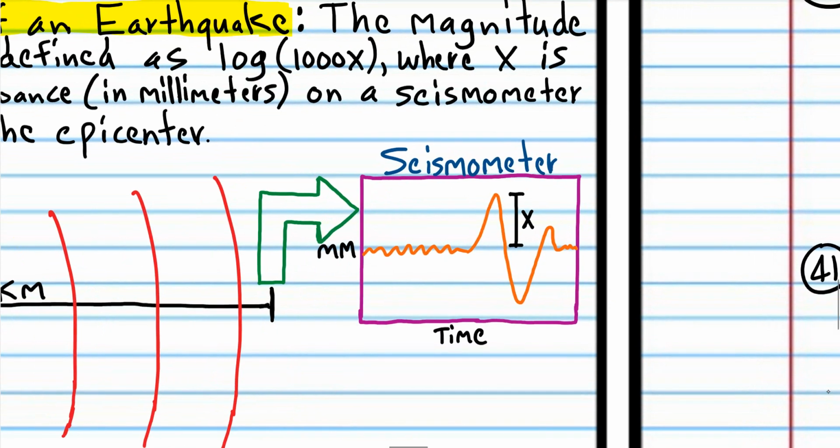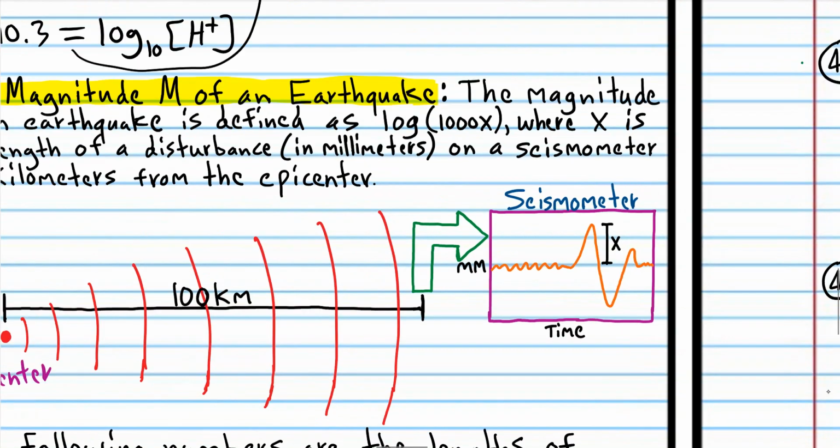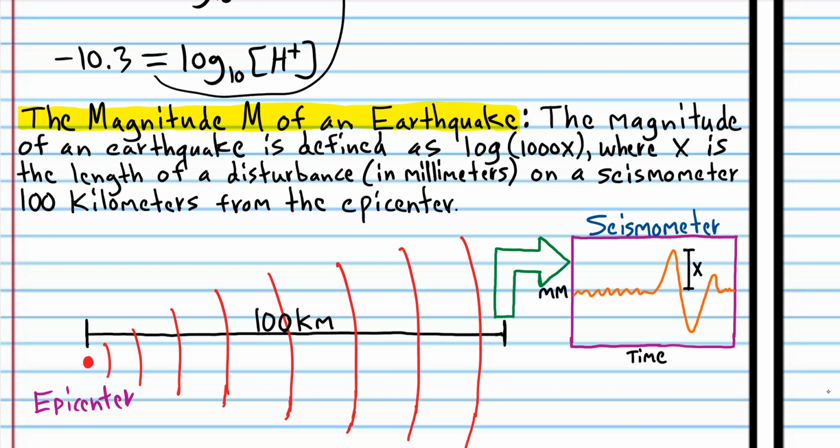Well, the length of the disturbance tells us how big the earthquake is. And what you'll find is it's very difficult to measure the size of an earthquake just by using this information here. The numbers, just like hydrogen ion concentration with pH and acidity, are very difficult to work with.